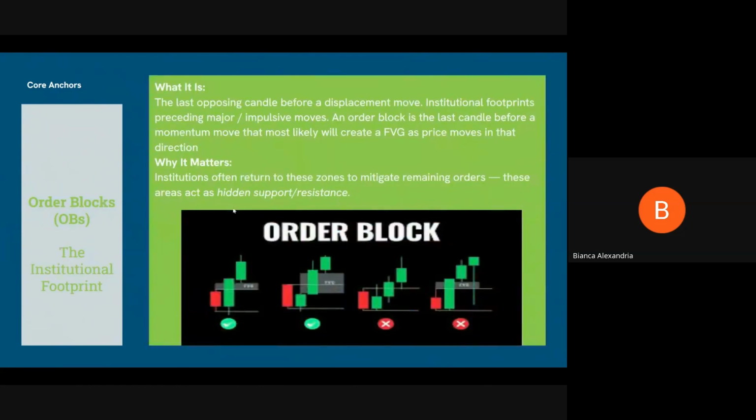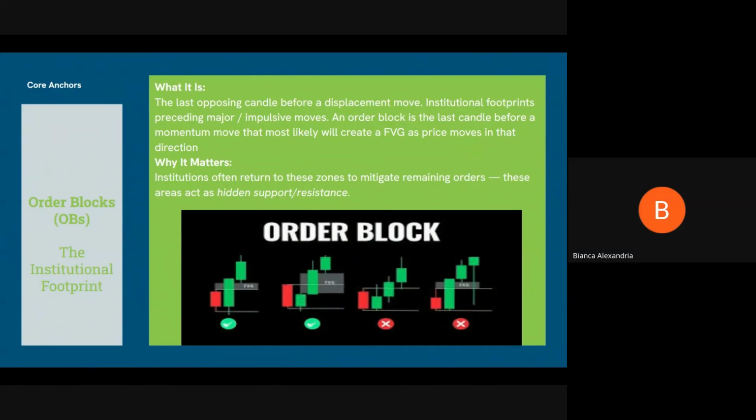All right, so next are order blocks, and this might look a little grainy, but these are some examples of some good order blocks and some that are not order blocks. And what it is, is the last opposing candle before a displacement move. And displacement just means a move with lots of volume, lots of momentum. So institutional footprints precede major impulsive moves.